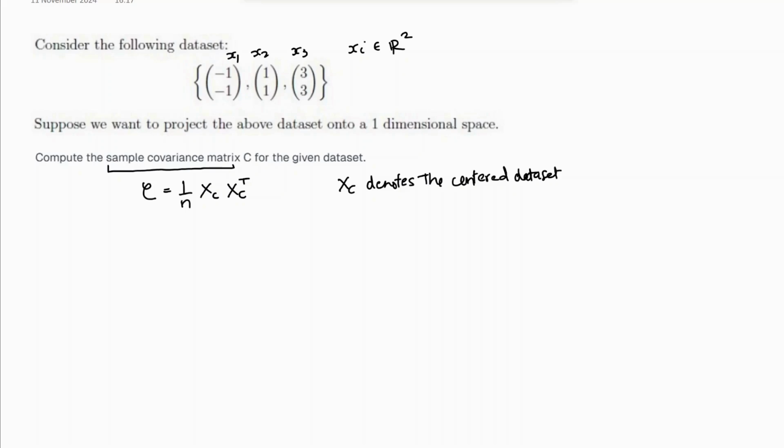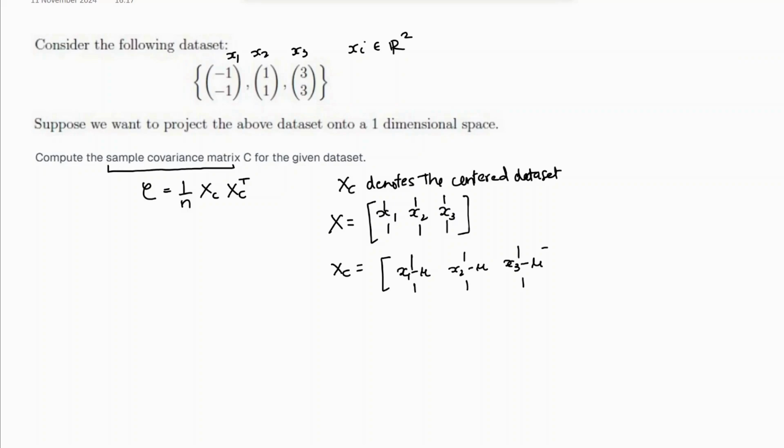How do we do that? So what is X? X is the data matrix, which is nothing but x1 in the first column, x2 in the second column and x3 in the third column, right? This is X. Xc on the other hand would be nothing but x1 minus mu, x2 minus mu and x3 minus mu as the first, second and the third columns respectively.